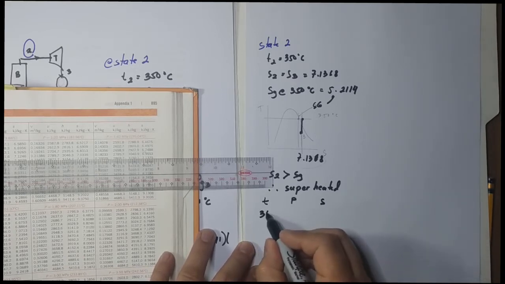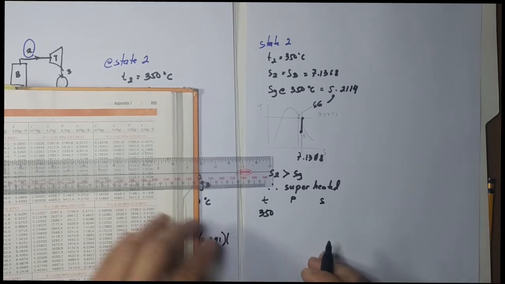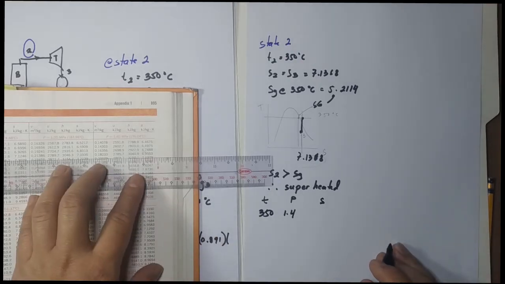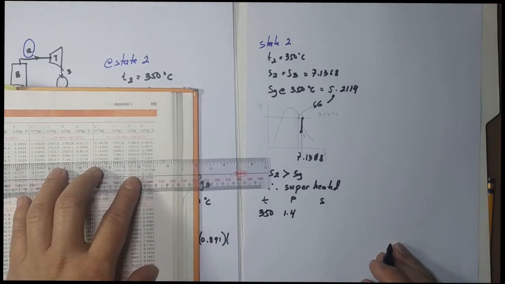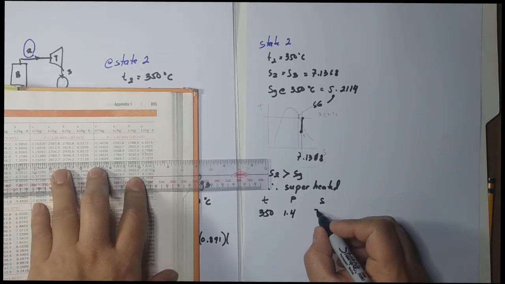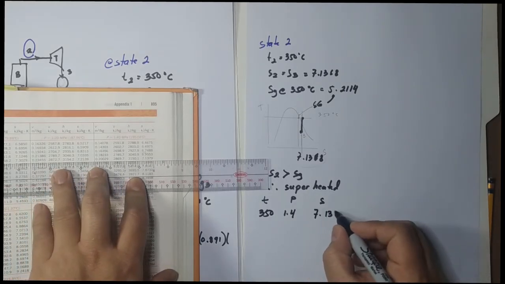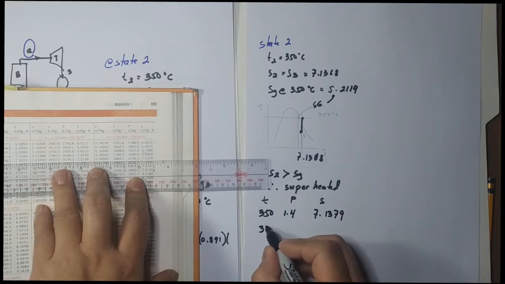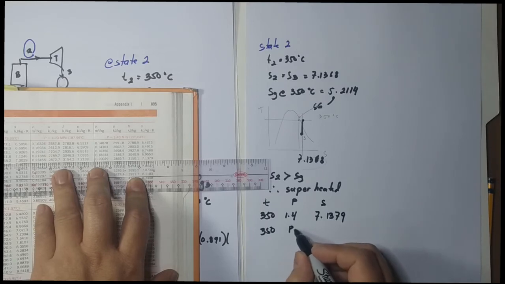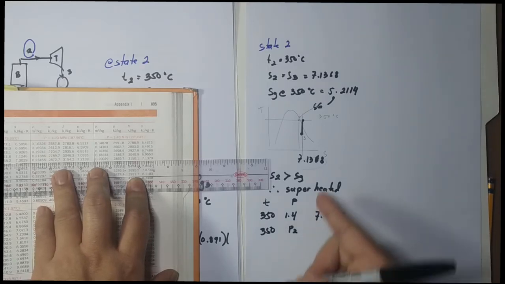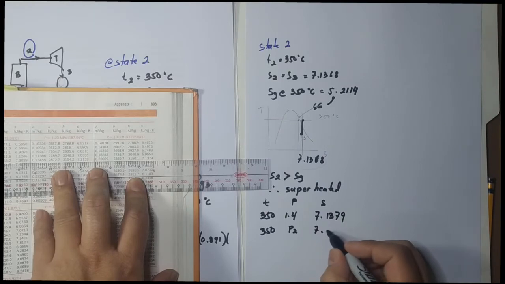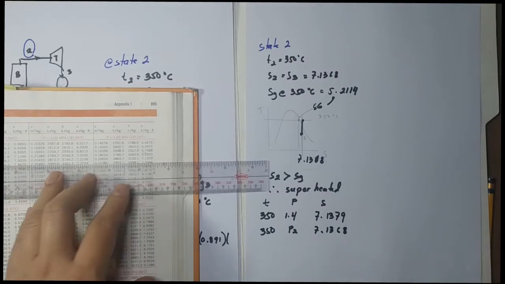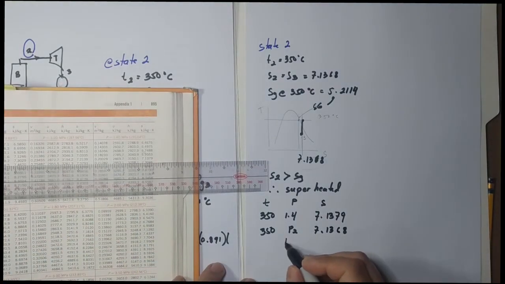At temperature of 350 at a pressure of 1.4 megapascal, ang entropy niya ay lumalabas na 7.1379. Ang hinahanap natin, 350, ito yung P2, unknown, tapos 7.1368.